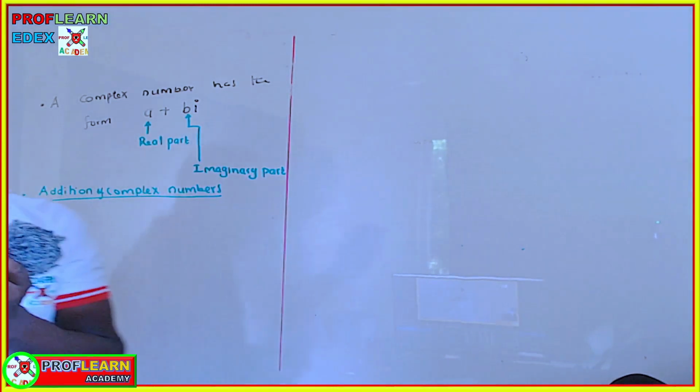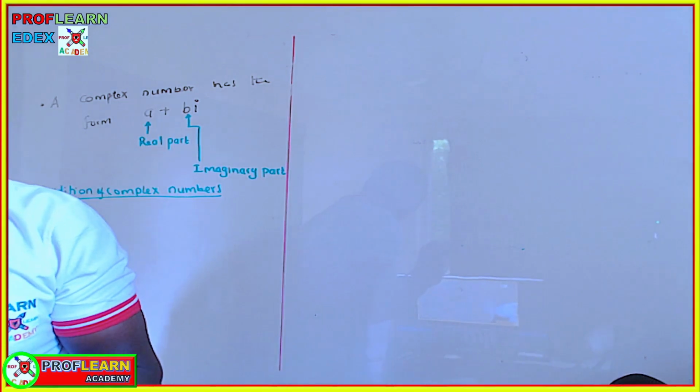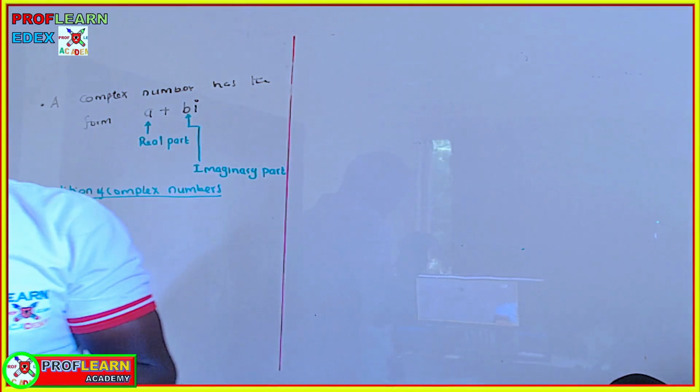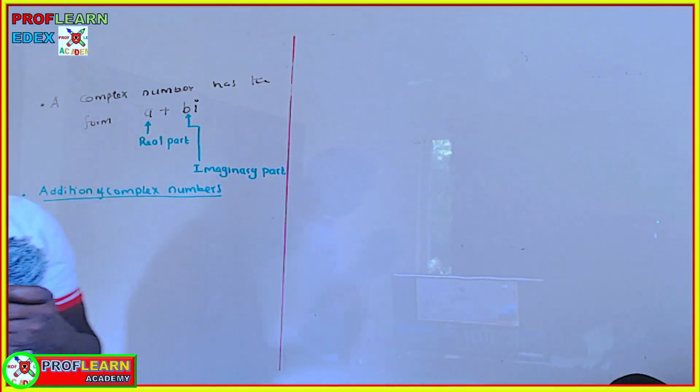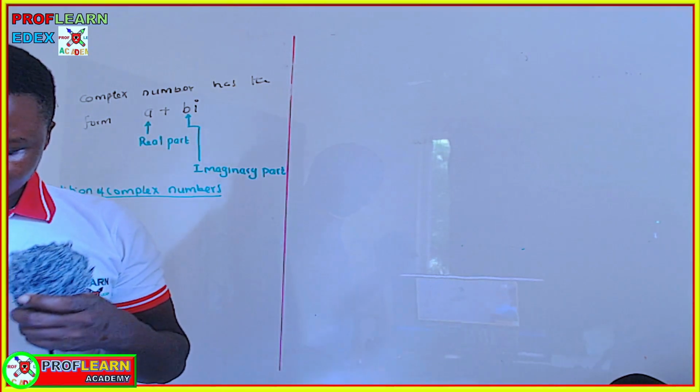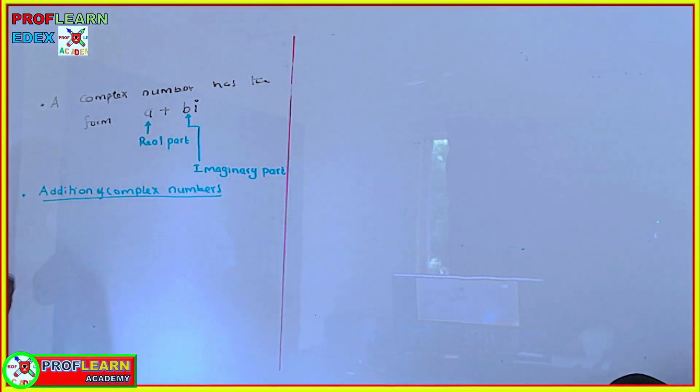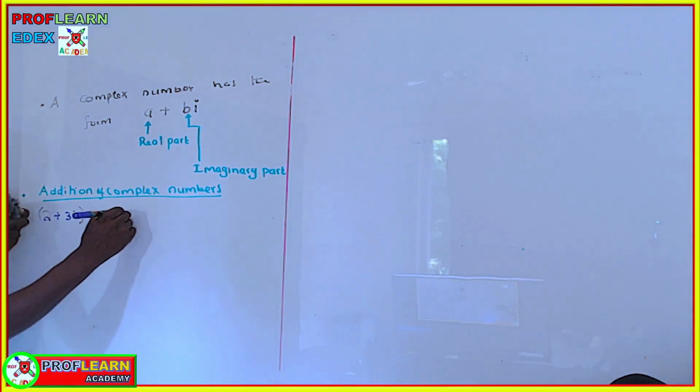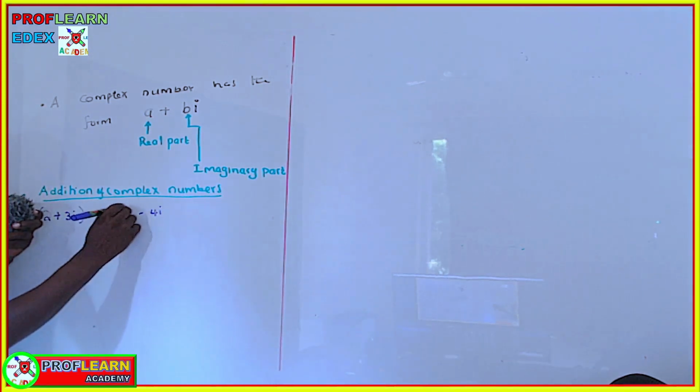And we're going to have a classic example here, which is going to enable us to work this out. For instance, we are given 2 plus 3i, and you are adding this to 3 minus 4i.